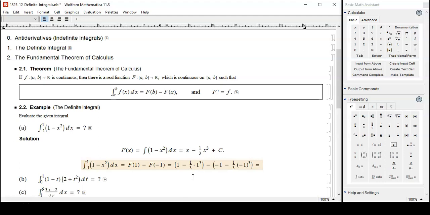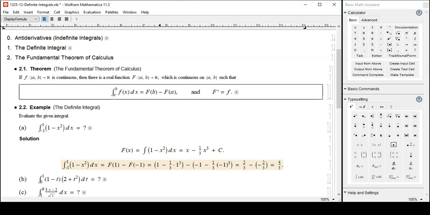And what do you have left? 1 minus 1/3, so that's 2/3, minus negative of that, so it's negative plus. You're going to end up with this computation if you do it right.